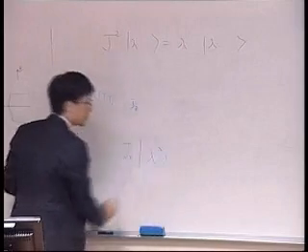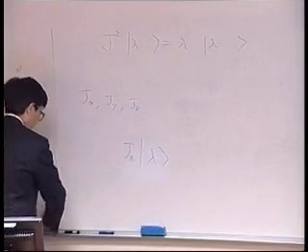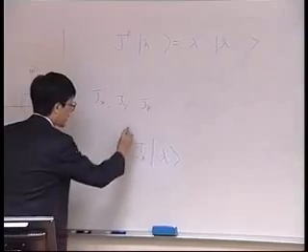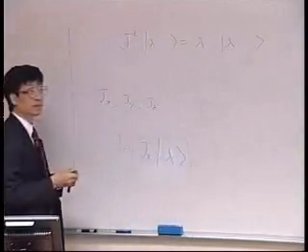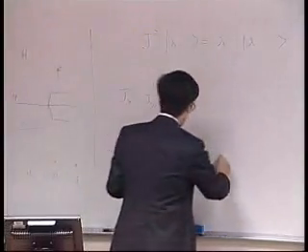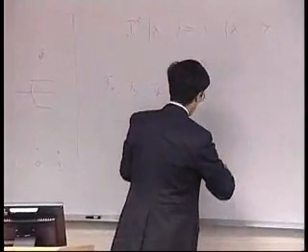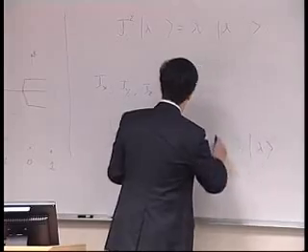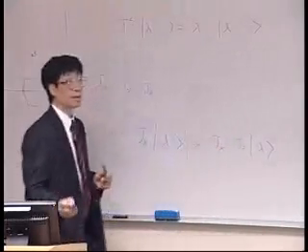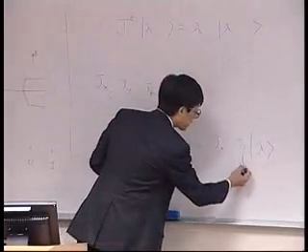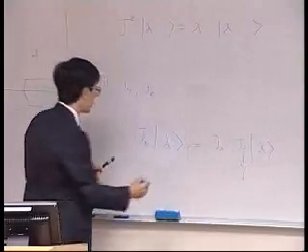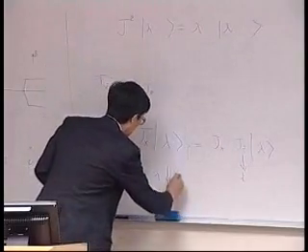If I operate on this, what is J_z of this state? Well, because it can be commuted, this is equal to J_z operating on this state and then J_x. But J_z operating on that state just gives you lambda. So you get lambda times the same state.